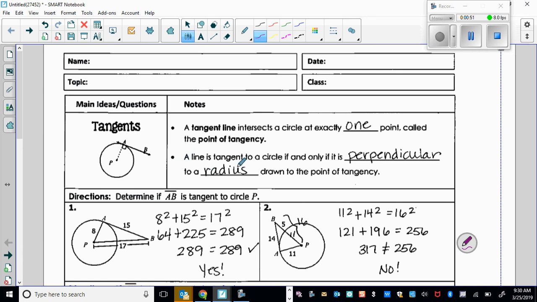Now, a line is tangent to a circle if and only if it is perpendicular to the radius drawn to the point of tangency.